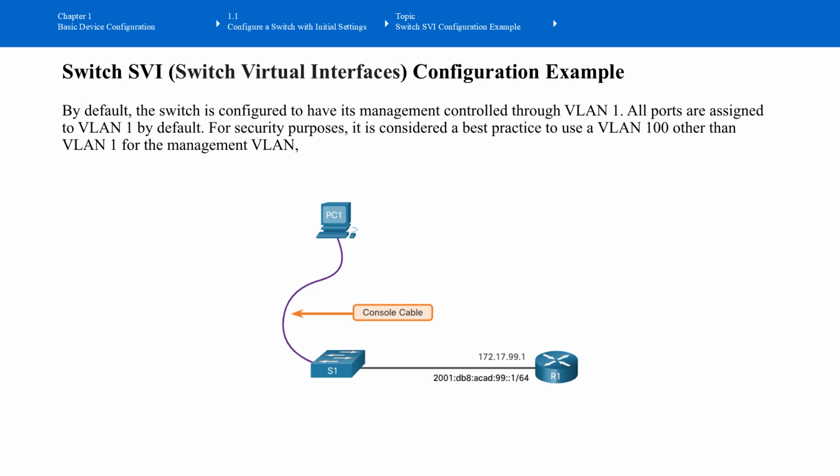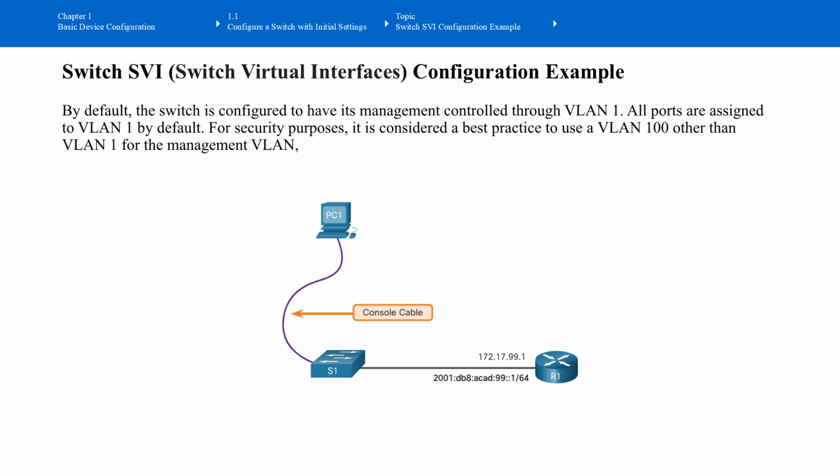Think about a VLAN just like a group of ports. We can create more groups and then put some ports into other or additional groups, mainly for security purposes and also for ease of managing these ports.